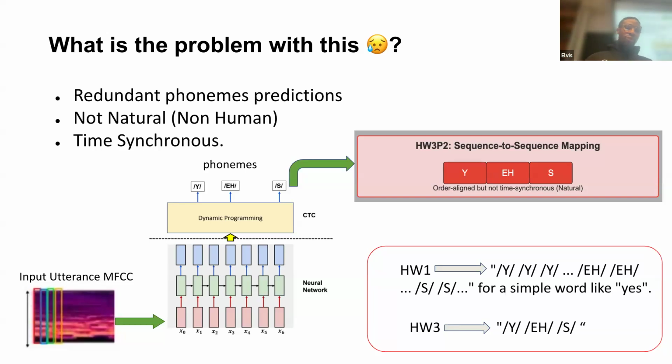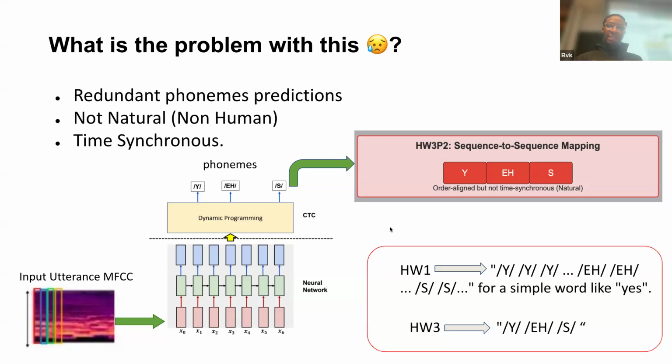So this time around, you'll be given utterance MFCCs as input, and we'll use a much more sequential way of modeling this problem, where we have a network which gets your input and, rather than predicting transcripts at each time step, predicts a transcript of the whole sequence that has been given, regardless of when it is received or processed.